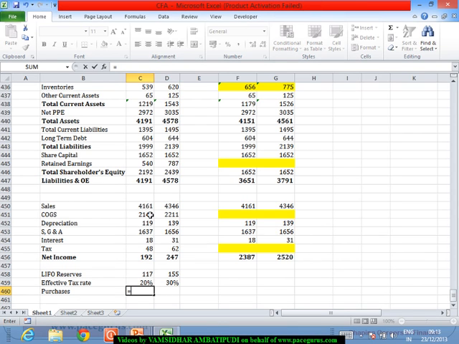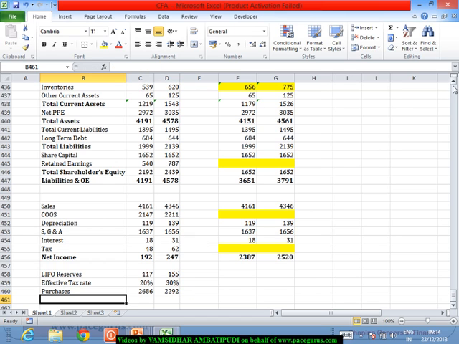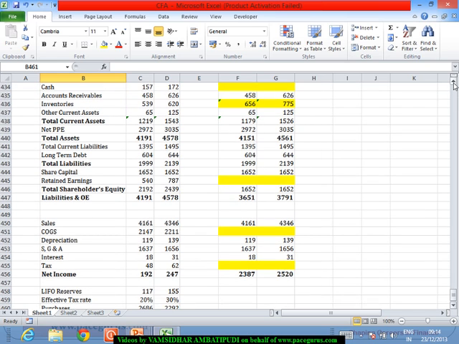Cost of goods sold plus ending inventory minus the beginning period inventory, in this case which I am taking as 0 in the first year. Whereas in the second year, the cost of goods sold plus ending inventory minus beginning inventory. So the purchases during this year are worth 2292. Now here also I can find out the cost of goods sold.